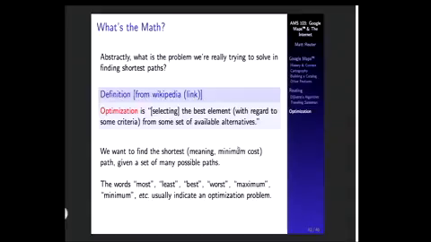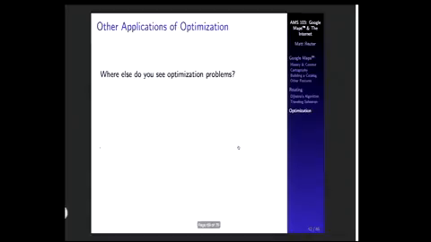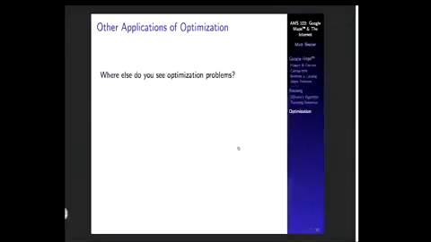And so the way to think about this is we want to find the shortest, and again, shortest meaning minimum cost, there's that word minimum, from a set of many possible paths. Just as a tip-off, depending on what you're working on or what problems come your way, anytime you see the words most, least, best, worst, maximum, minimum, that list can certainly be expanded, that's usually a dead ringer that you're working on what type of a problem? Optimization.